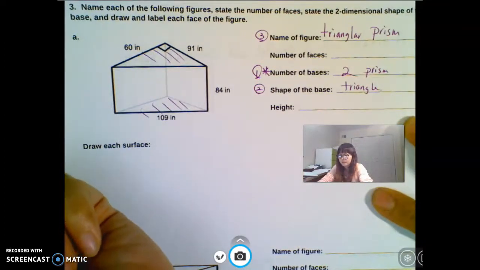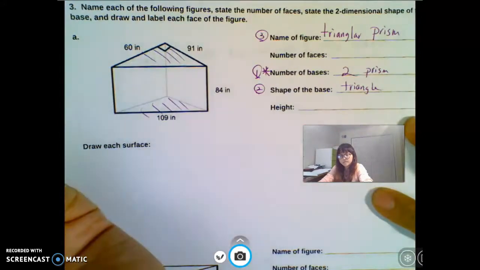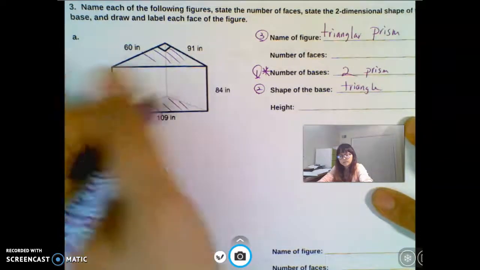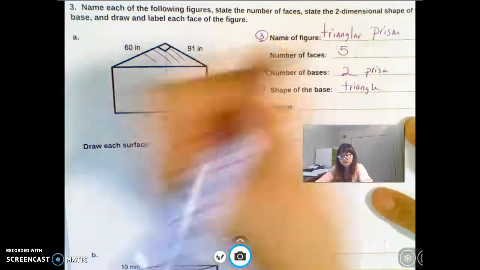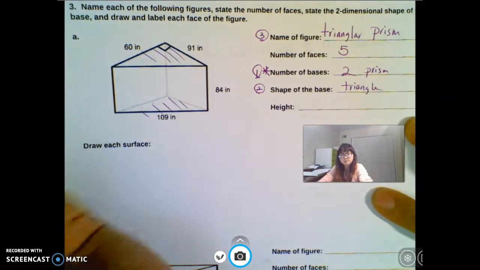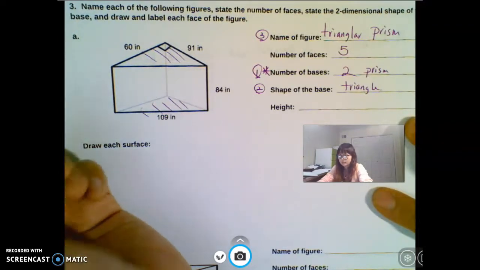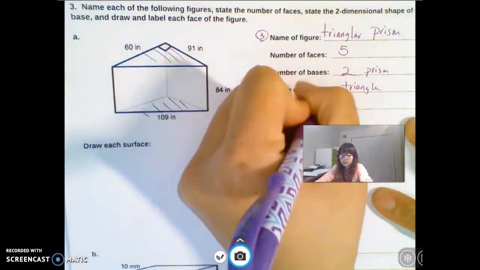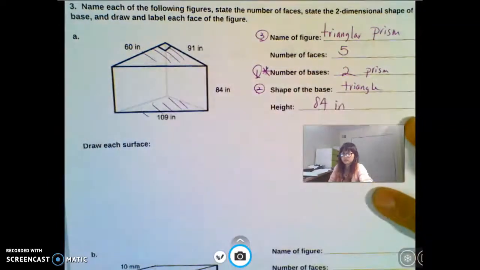Number of faces: if you were to open this up, how many faces, flat surfaces, would you have? There are two bases, and then there are three sides. There are five. In class today, I'm going to show you how they look when you open it up, because there are cool websites that can do that. Height between the two bases, 84 inches, right?